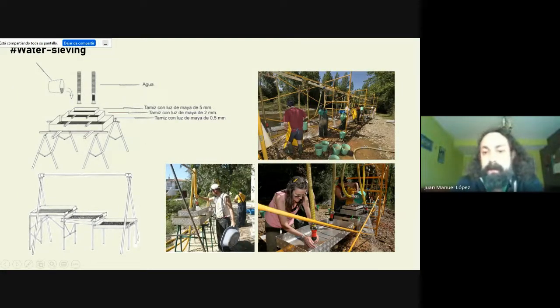Also here, different pictures from Atapuerca Norte, with the different water sieving methods with different kinds of meshes of different millimeters. Here the drones, and here the pictures with this methodology.